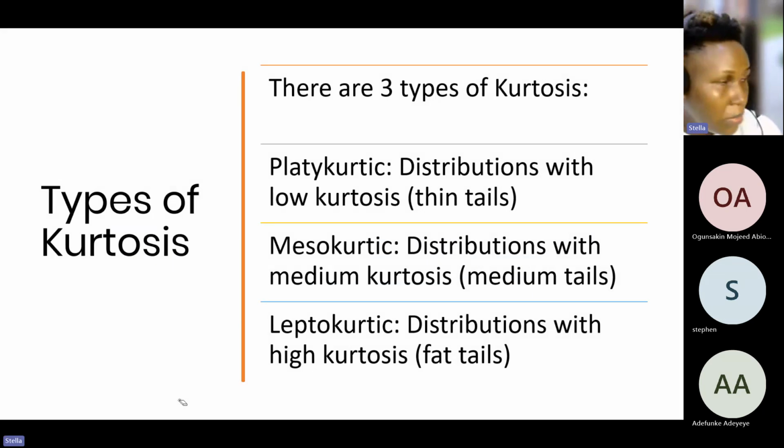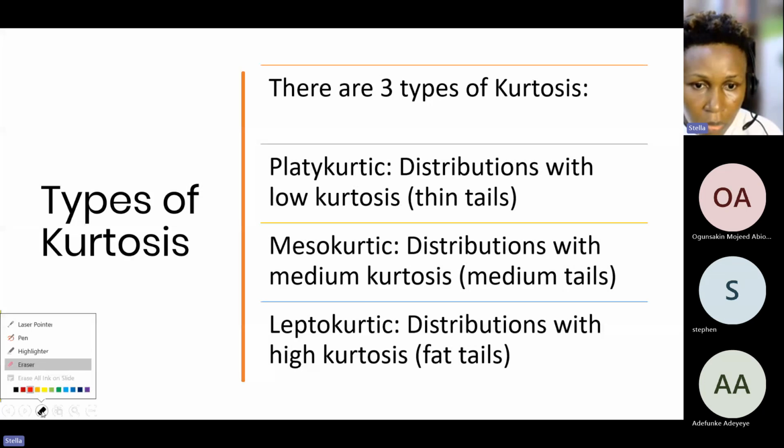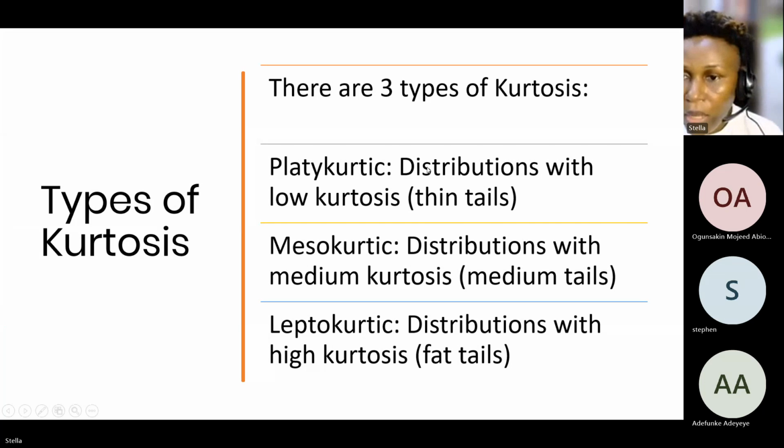So there are three main types of kurtosis. We have the platykurtic, mesokurtic, and leptokurtic. The "kurtic" is from kurtosis. These are the three main types of kurtosis, right?